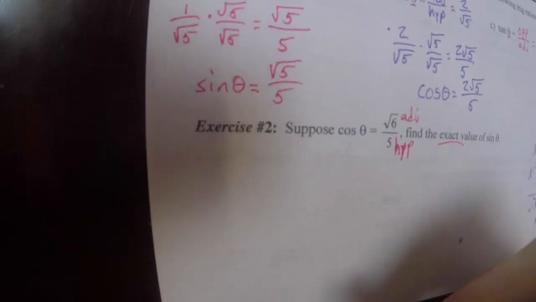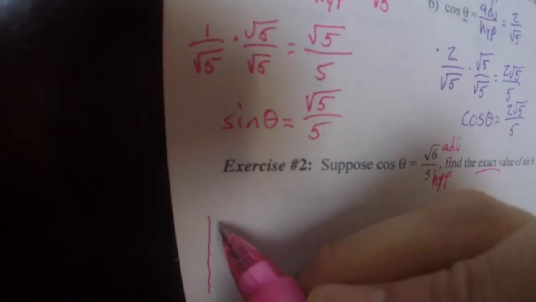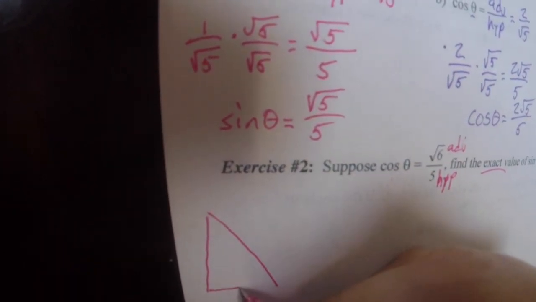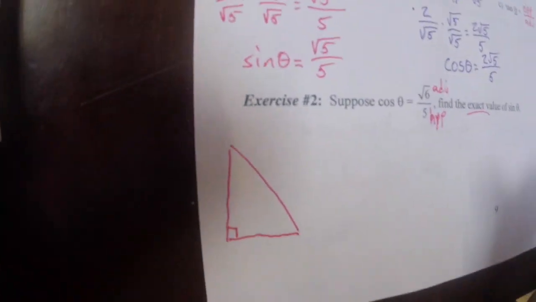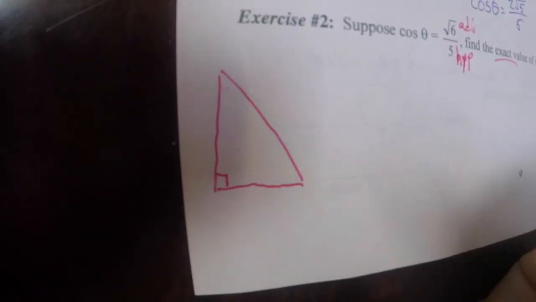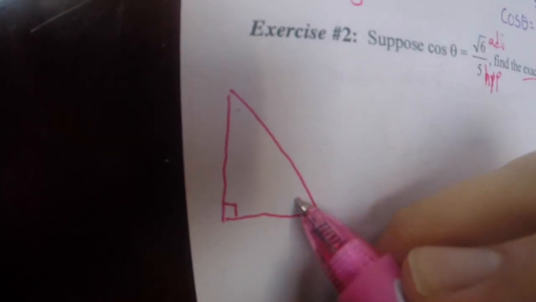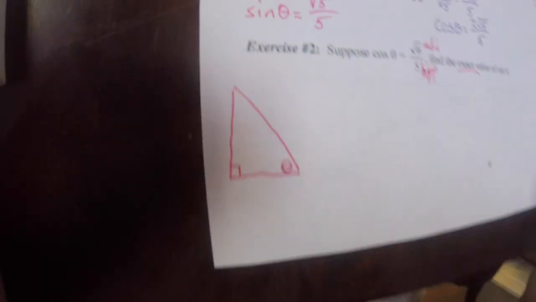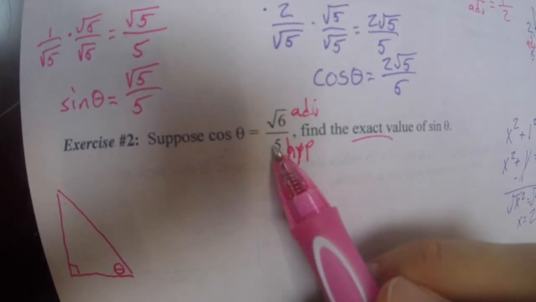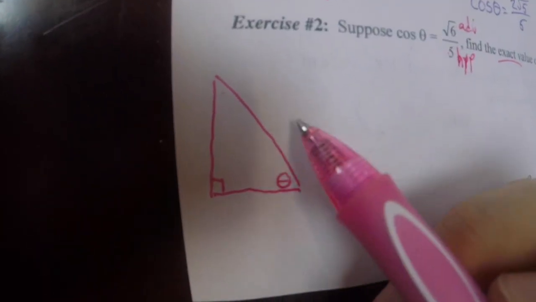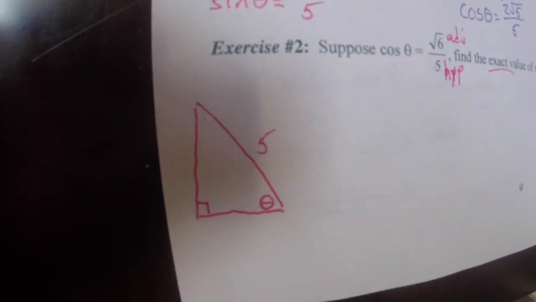I'm going to draw a diagram of a right triangle. Here's my right angle, okay? Theta can be either one of the two acute angles. It doesn't really matter. I'm going to put my theta down here, okay? So I know 5 is the hypotenuse, and the hypotenuse is always across from the right angle, so that's 5.